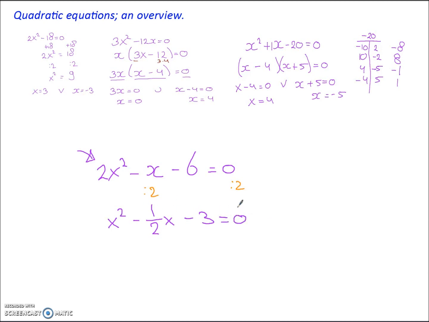Now, this doesn't necessarily make it better, because there's a half here, which is as annoying as that 2. So that's not going to work. But I can work from here.